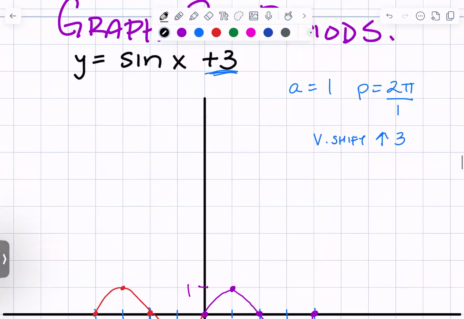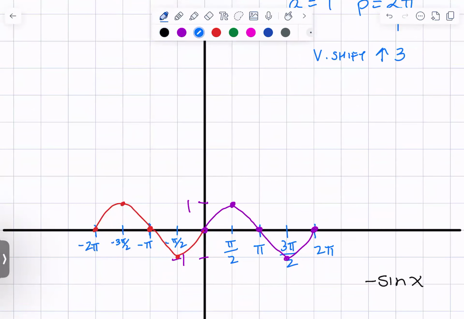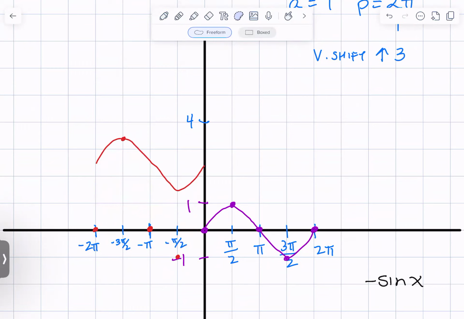So then this would just be sine of x. Now my original function is sine of x plus 3. So all I'm going to do here is move this up 3. So it goes to 4, right? I'm going to literally take this function and move it up 3 units. Okay, so it was here, and I go 1, 2, 3.